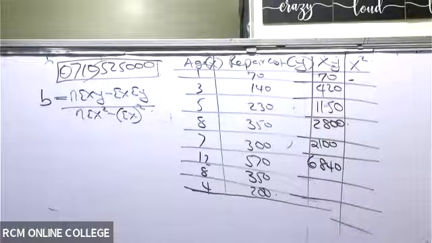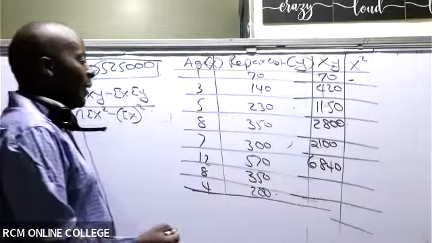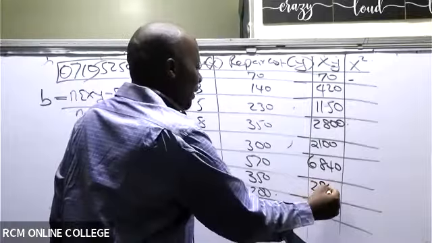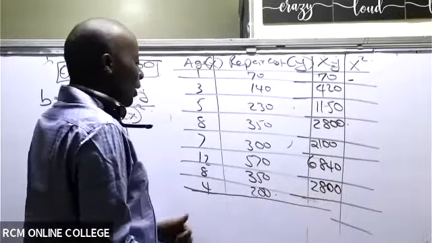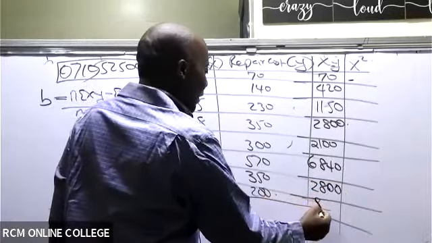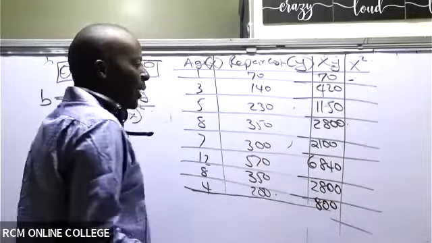I like when I see all the students participating, then I'll be able to give them very many great revision classes. So Sarah gives me 2,800. And then lastly, we have 4 times 200. This gives me 800.